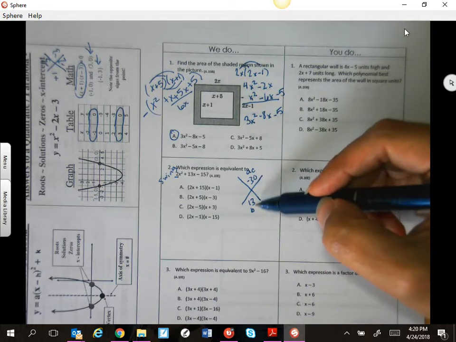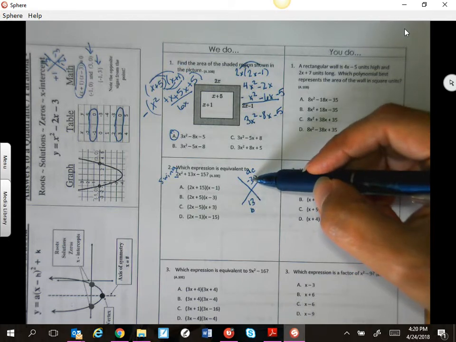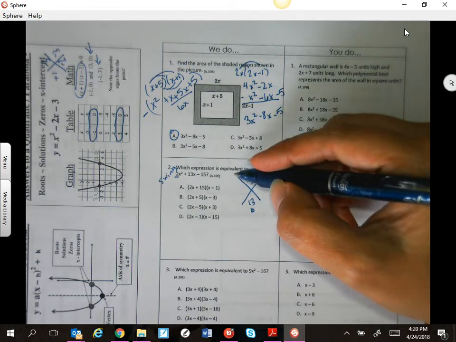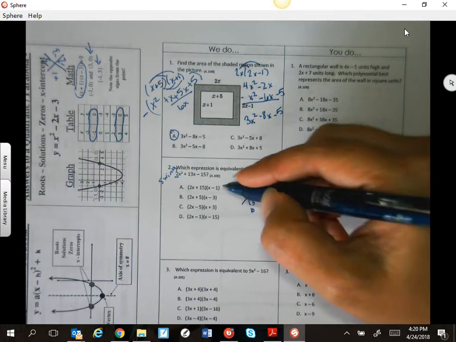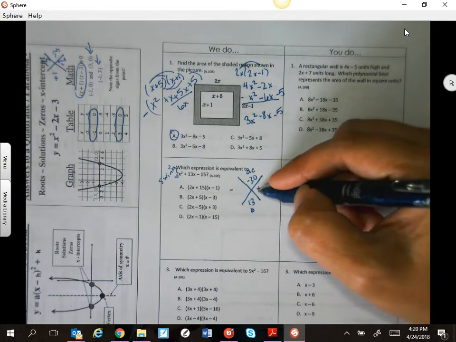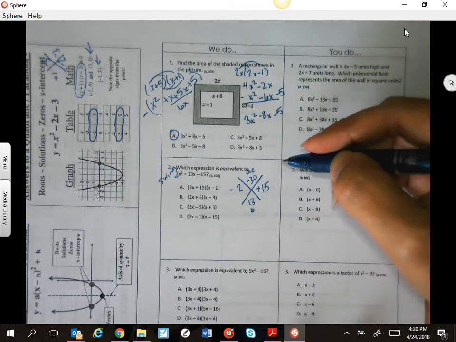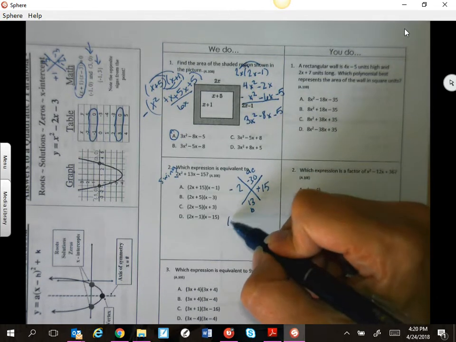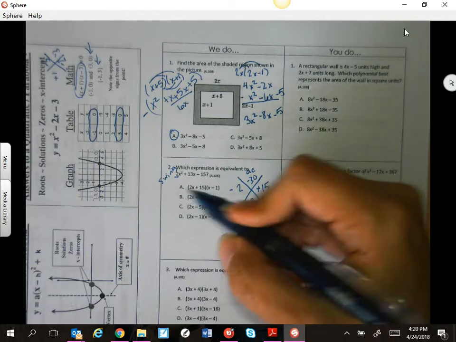Now because b is positive, and AC is negative, they're going to be different because this is negative. And we need the bigger one to be a positive, so I have a positive and a negative. So I'm going to have a -2 and a +15. So I can write x minus 2 times x plus 15, and then don't forget about your a.